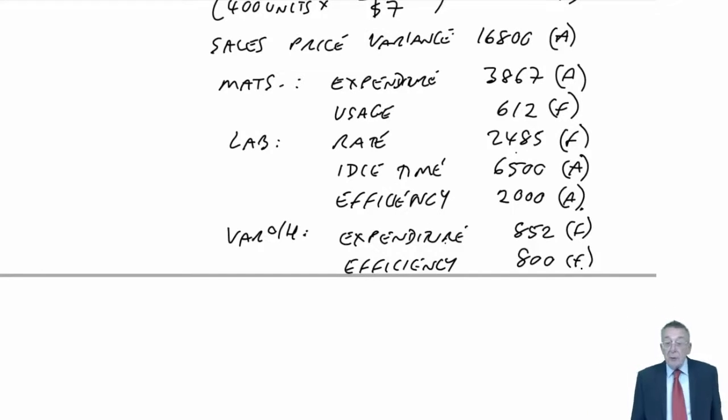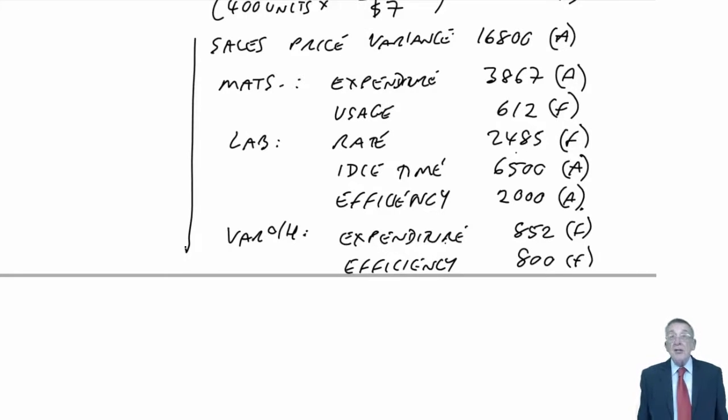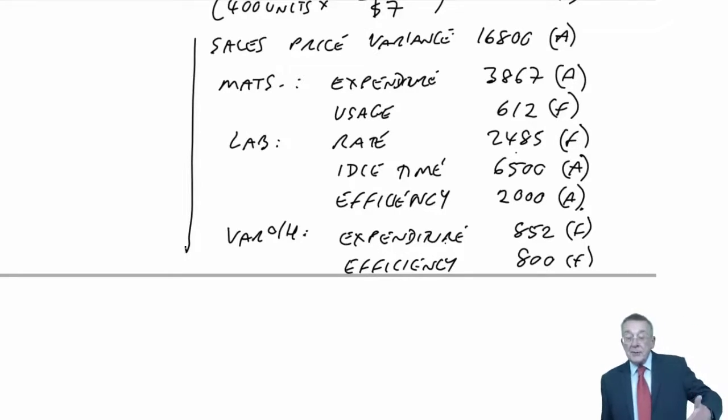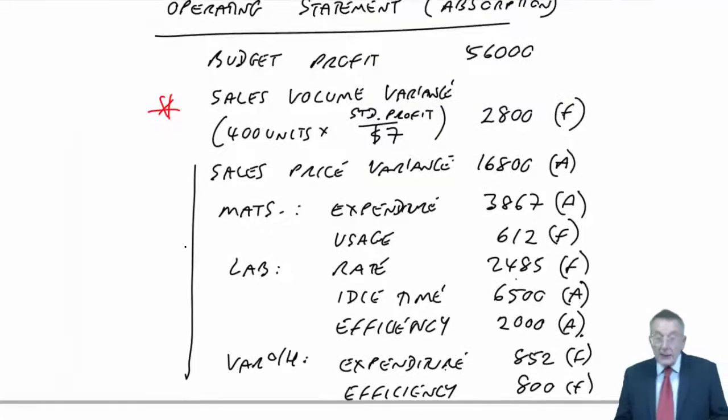So all of those as before. Once you've learnt those variances, it makes no difference whether it's absorption or marginal. So far, sales volume, I think that's an easy one to remember. It's always the difference in units, actual and budget. If it's marginal, it's a contribution per unit. If it's absorption, it's a profit per unit.